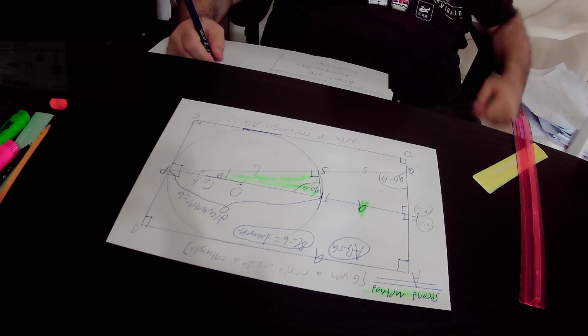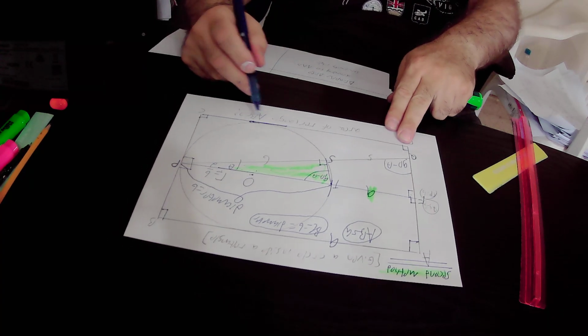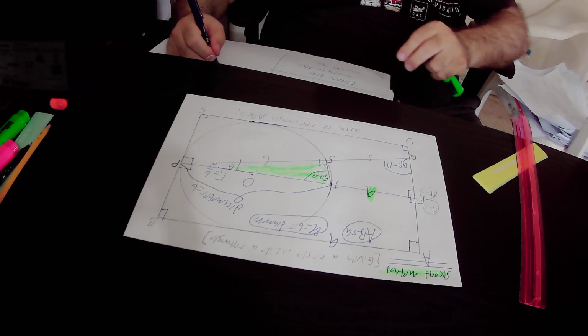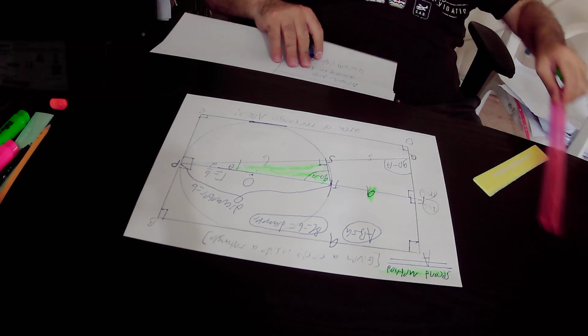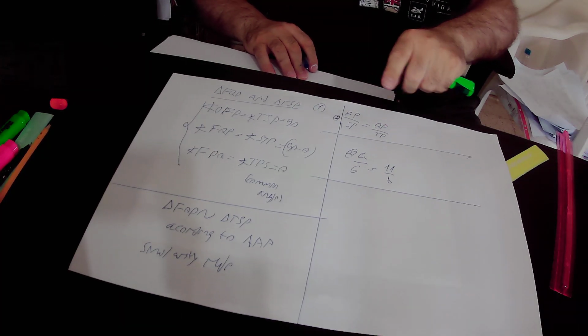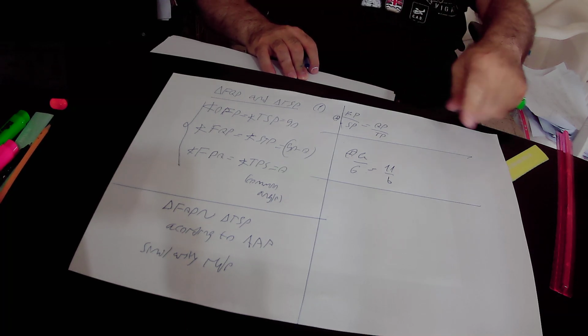So QP is 11 over TP. What is the value of TP? TP is the diameter of the circle, that is equal to B. So in conclusion, according to equation number 1, A over 6 equals 11 over B.